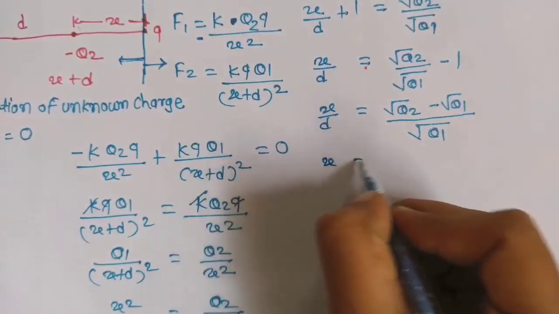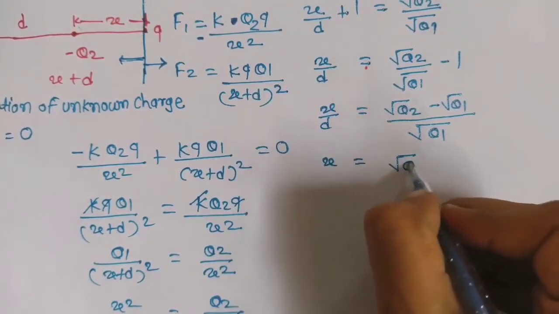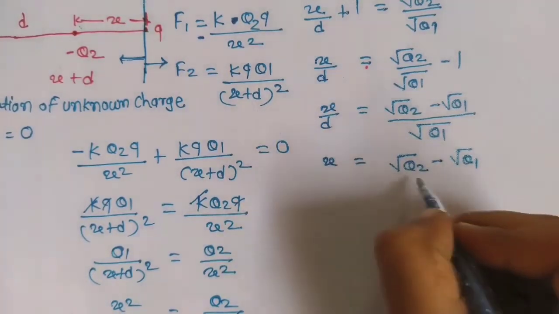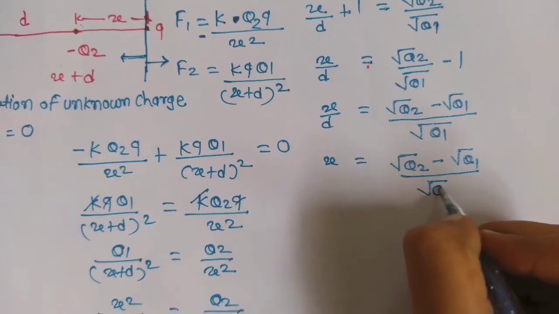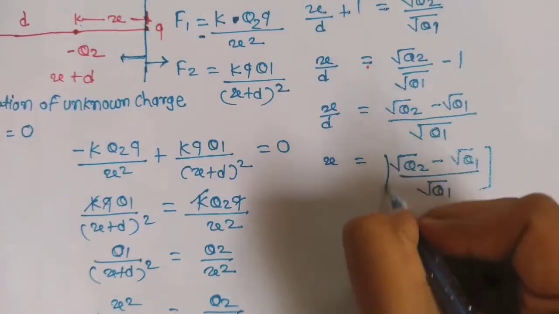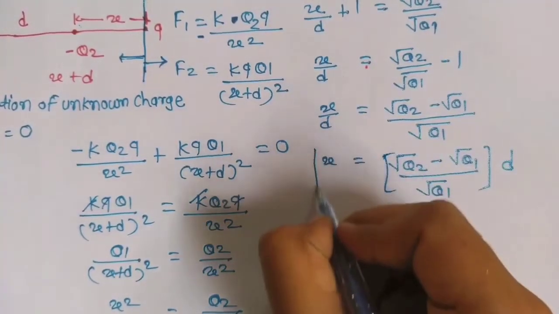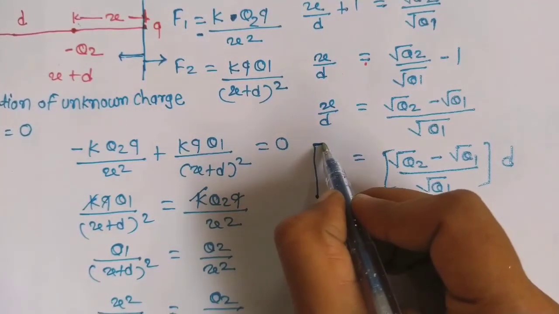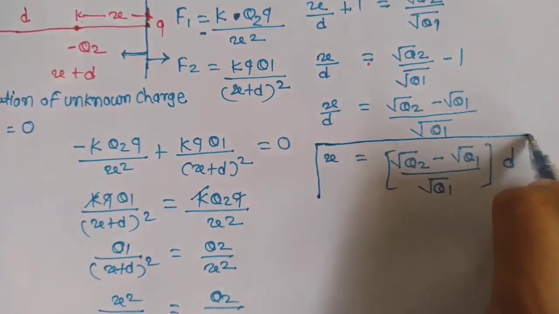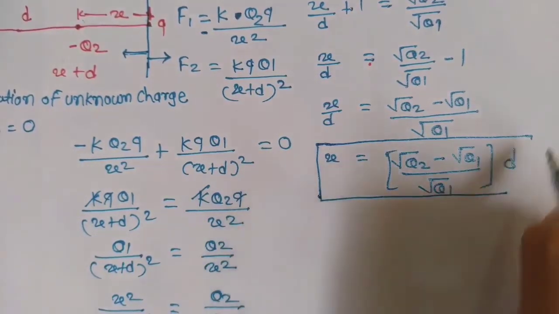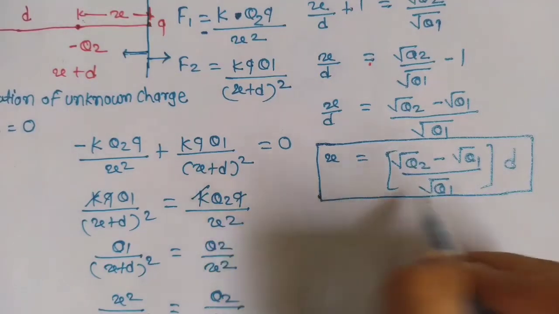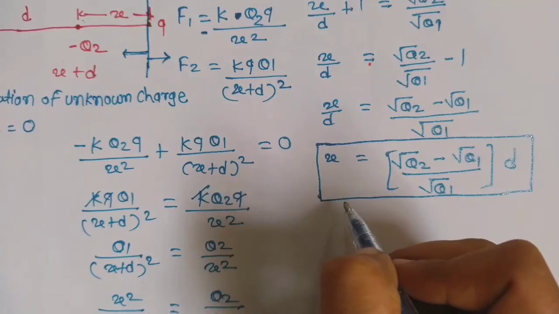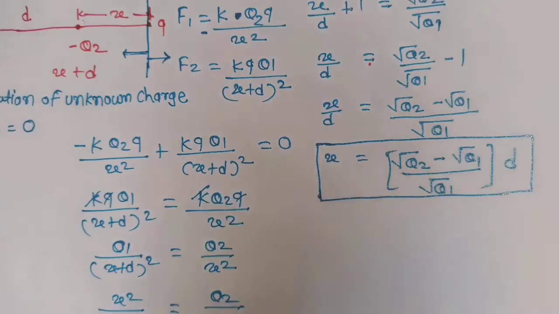So we can write it as x is equal to (under root Q2 minus under root Q1) upon under root Q1 into d. When both charges have opposite sign, one is positive, another one is negative, then this is the formula for finding the location of unknown charge.